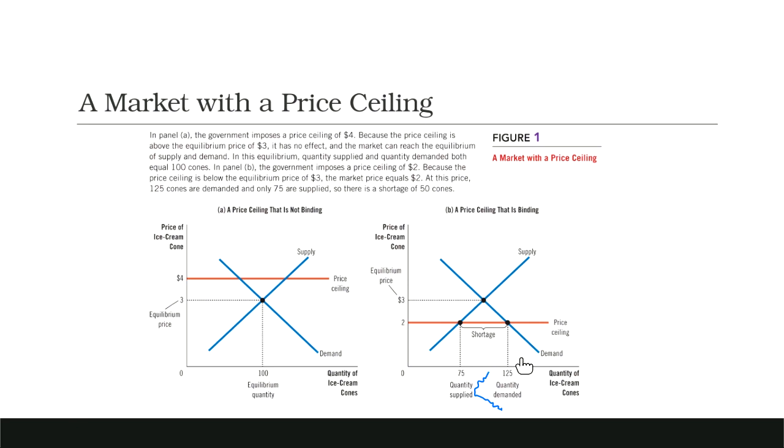Quantity demanded is 125. Quantity supplied is 75. All you do is subtract the quantity supplied from quantity demanded. So 125 minus 75 equals 50. Our shortage equals 50 units. So pretty simple math, not too hard. Just find the difference between quantity demanded and quantity supplied. That tells you the size of the shortage.